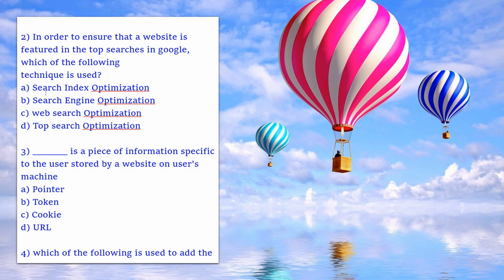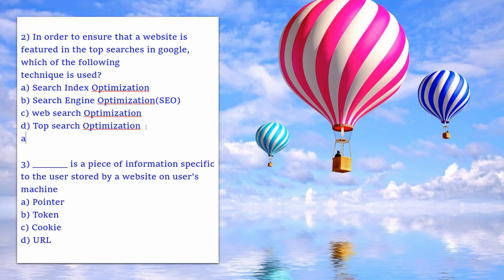There is no search index, web search or top search optimization. There is only search engine optimization, referred to as SEO. So the answer is option B, search engine optimization.